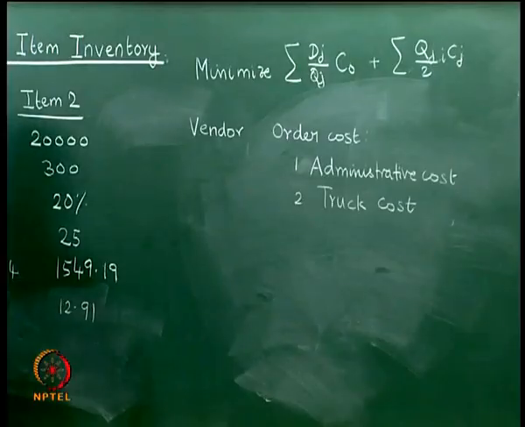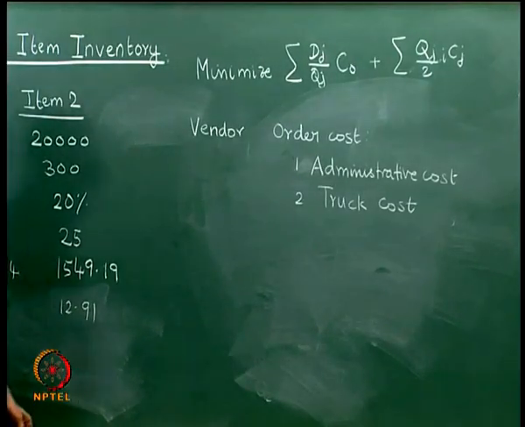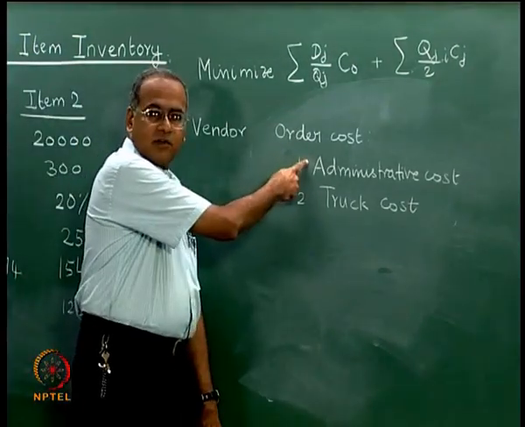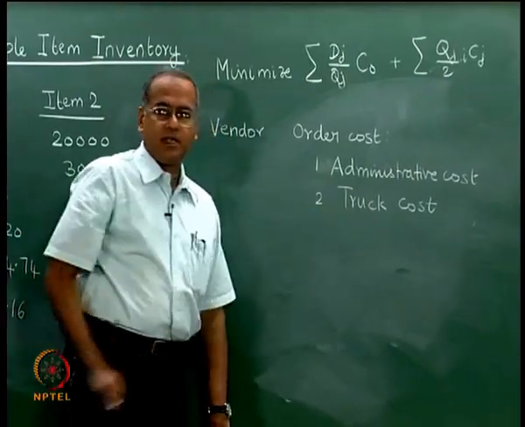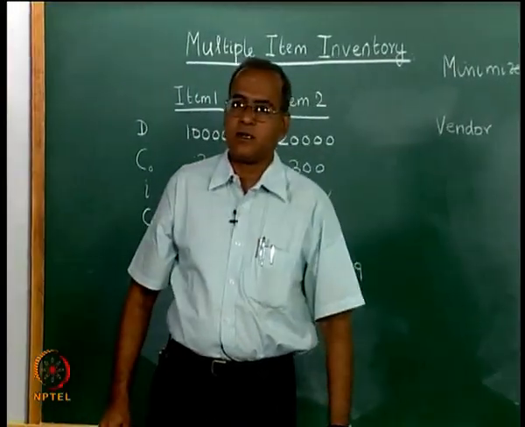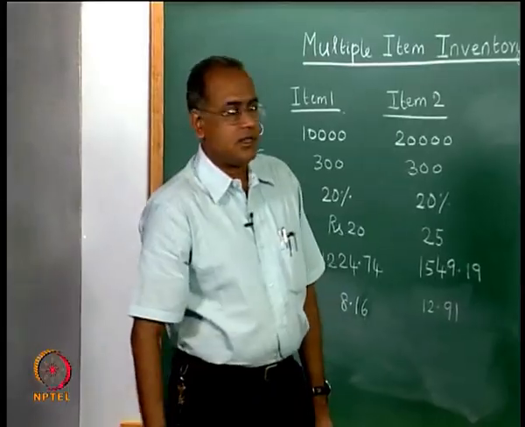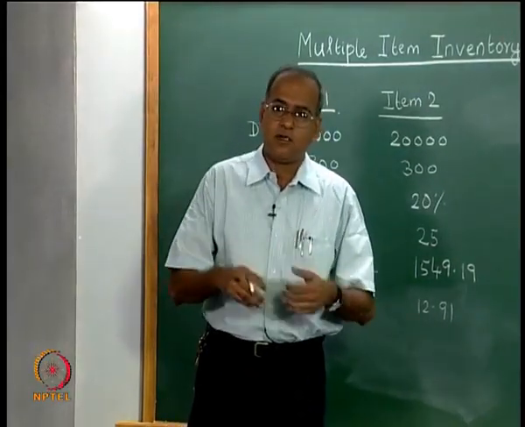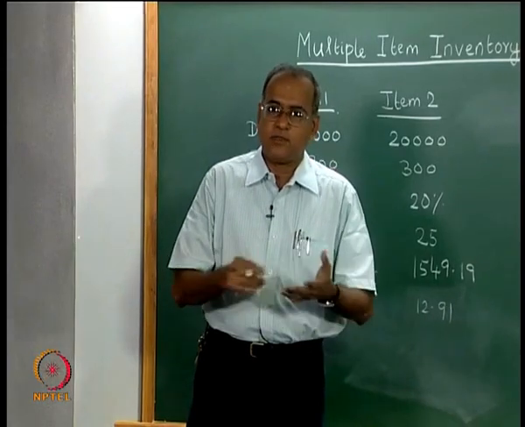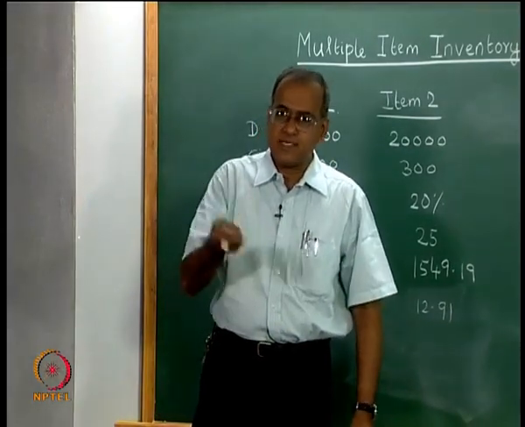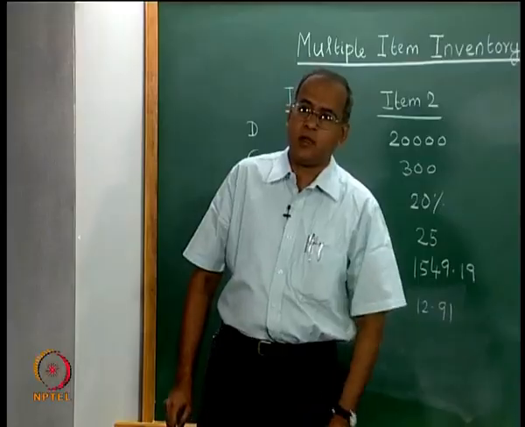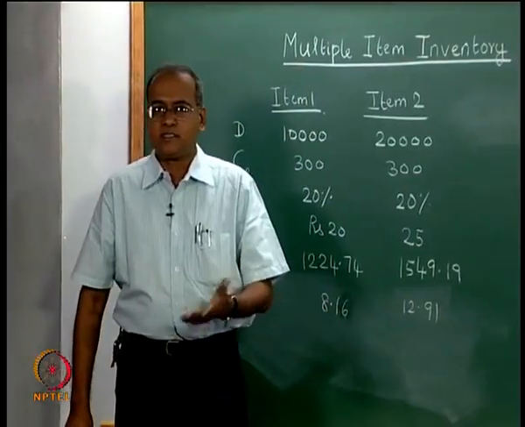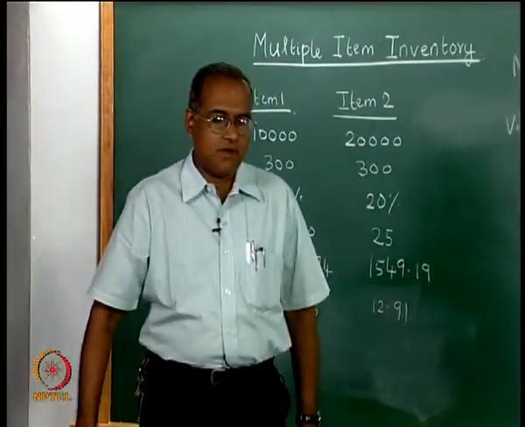So, if we combine two orders, we still incur two administrative costs, but we incur only one truck cost. Now, there is a saving in the total order cost when items are ordered together and when they come from the same vendor. Is this economical, and if it is, can we implement it, is the other question that we would like to look at.